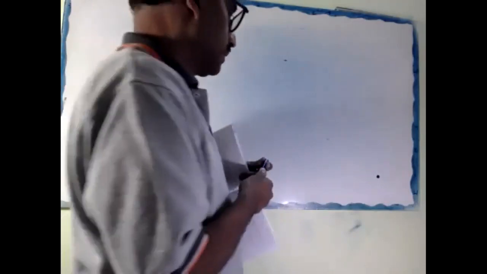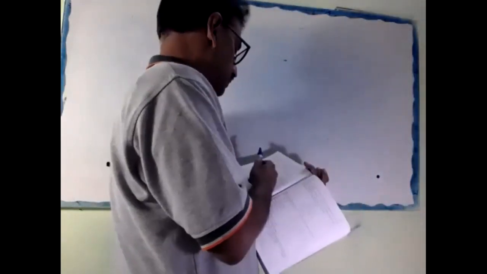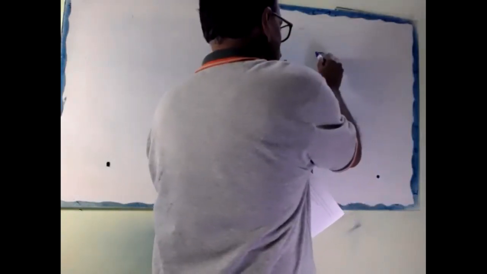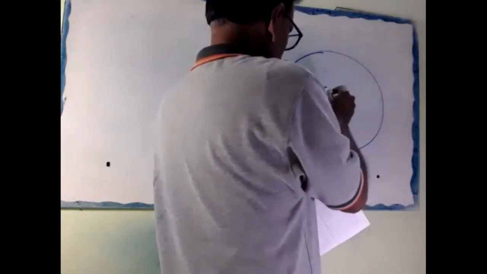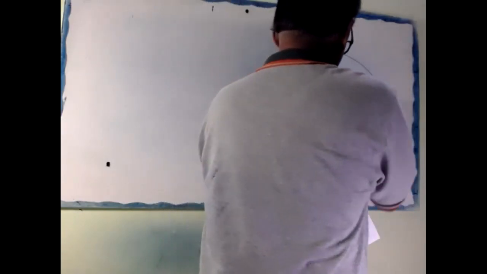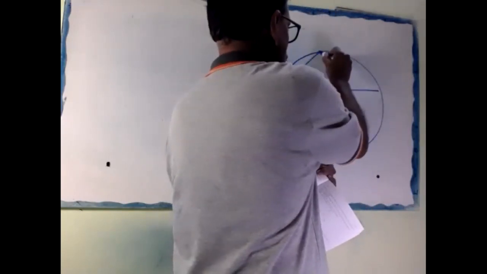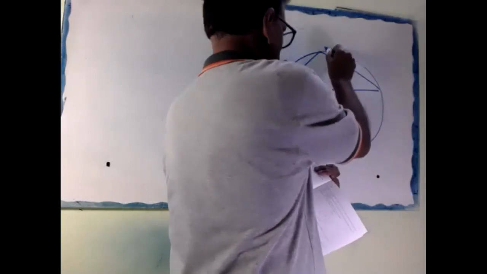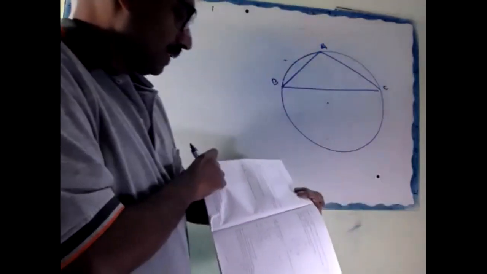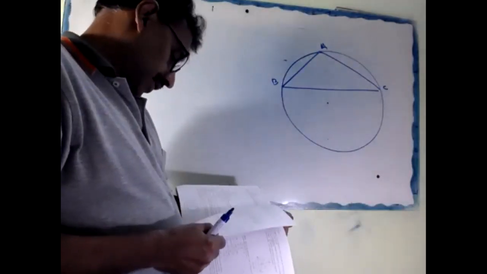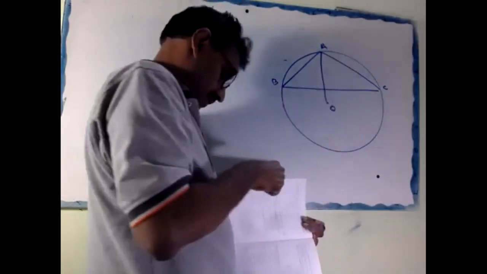In a circle of radius 5 centimeter, A, B, C. This is 5 centimeter.